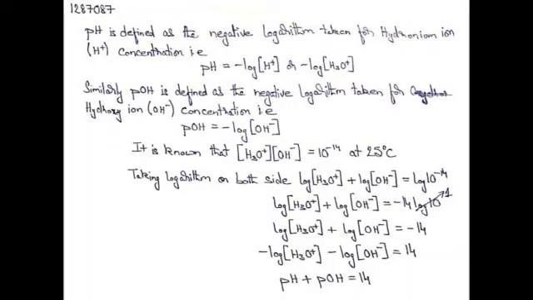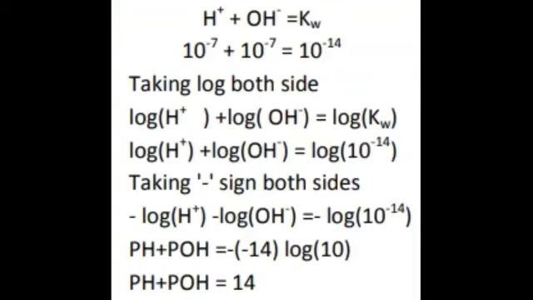We take the relationship between pH and pOH. The ionic product of water is given by Kw is equal to concentration of H+ into concentration of OH-.